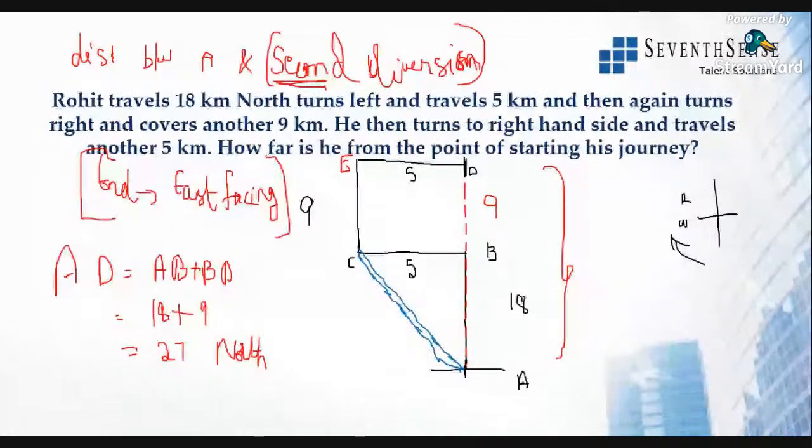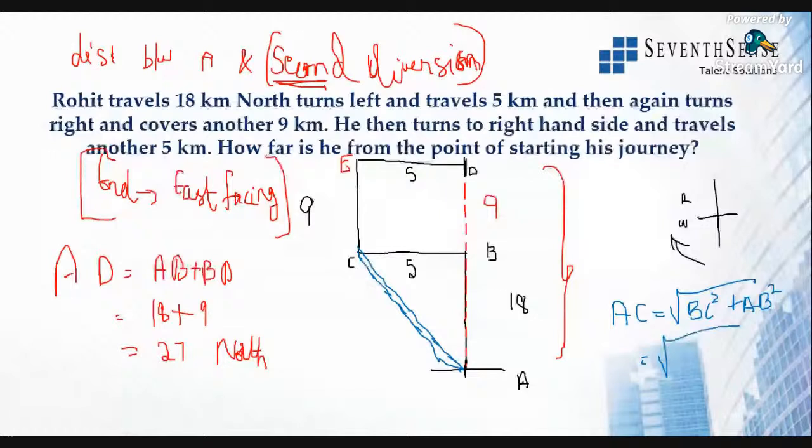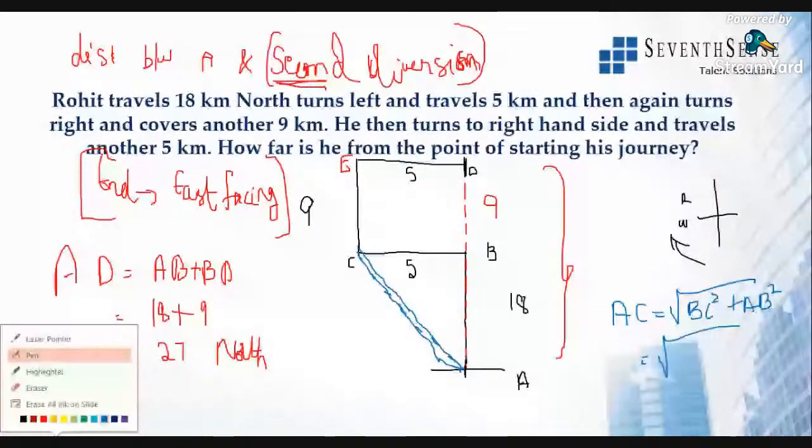So AC, you all know Pythagoras theorem. AC is equal to the square root of BC square plus AB square, right? So what will be the value? I'll just take a black color there.